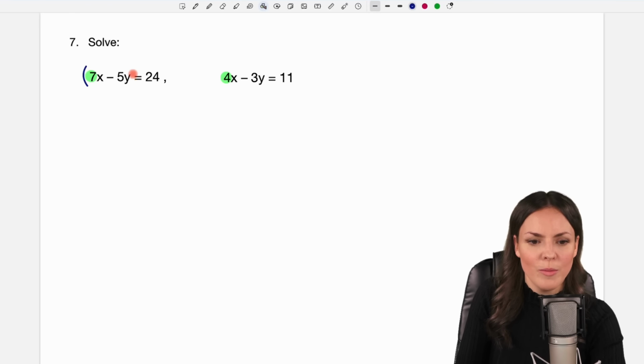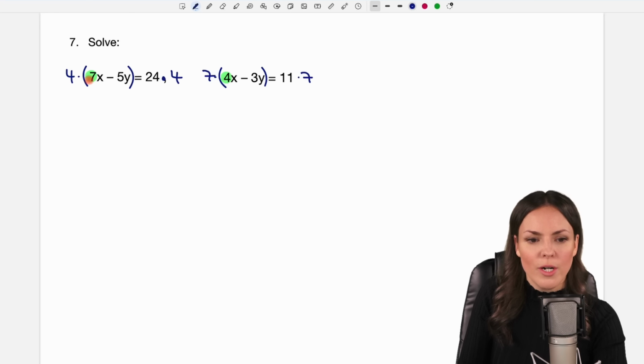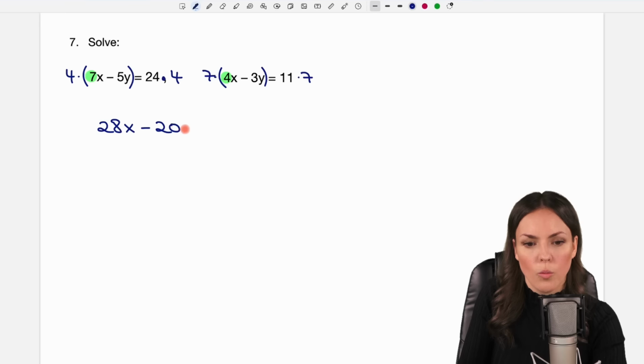So let's do this. We multiply this equation by 4, so times 4 on this side and times 4 on this side. And this equation, we take it and multiply it by this number, so by 7, and also on the other side by 7. So we get 4 times 7x equals 28x. 4 times negative 5 is negative 20y.